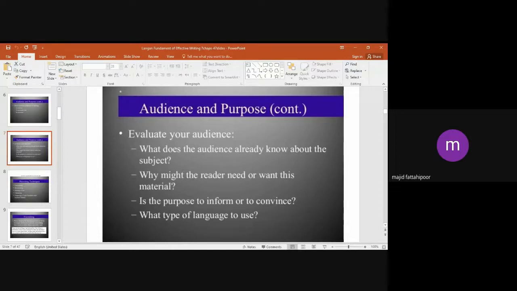I mean, give them some clue for a change in behavior, because one definition of learning is behavioral change. A very old definition of learning is the change in behavior.